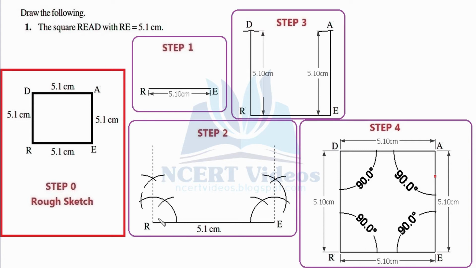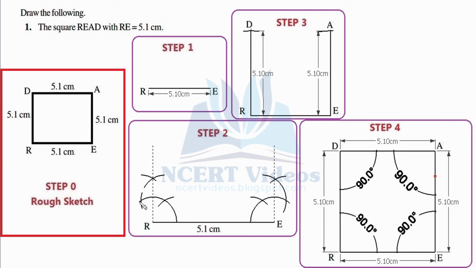Wherever it intersects, we put our needle at that place without changing the dimension of the compasses and intersect this previously constructed arc like this. Again, we put our needle at this new intersected point and again intersect the previously constructed arc like this. That completes 60 degrees.